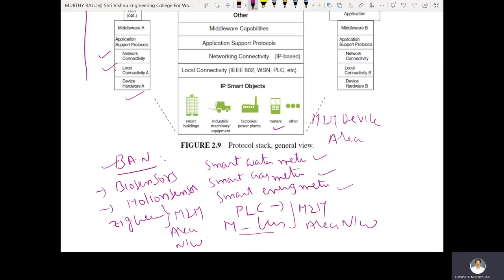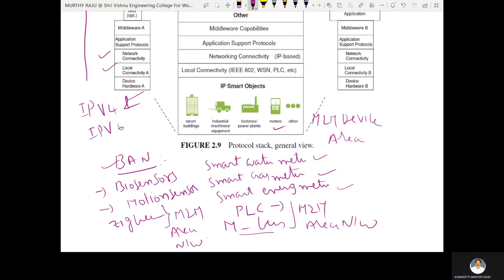Coming to network connectivity, here we use two versions of the IP protocol: IP version 4 and IP version 6.